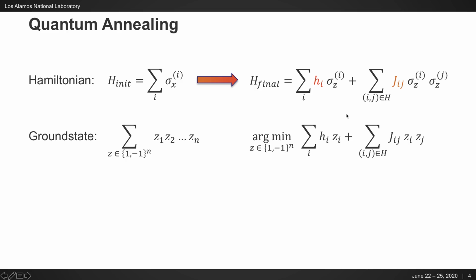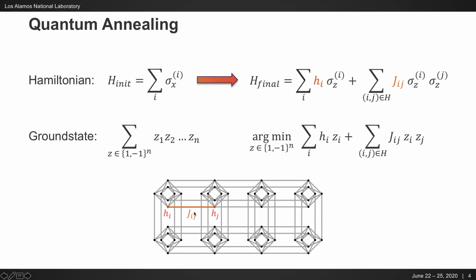Now these local fields, these h_i, can be applied to every qubit, but these couplers here are restricted to available couplers in the host topology. So here we can see an excerpt of the Chimera host topology, and we can see that there are actually not that many couplers, and only between neighboring qubits.